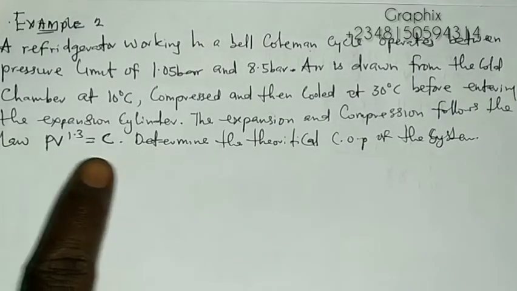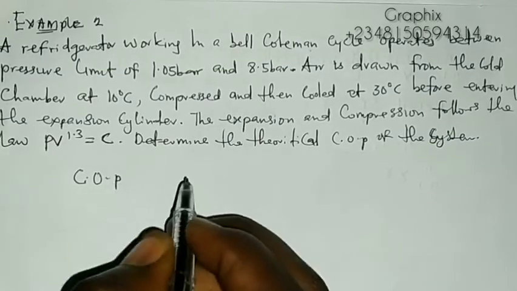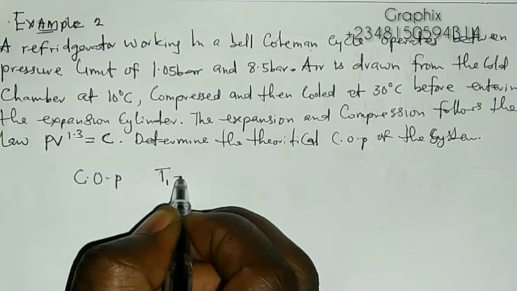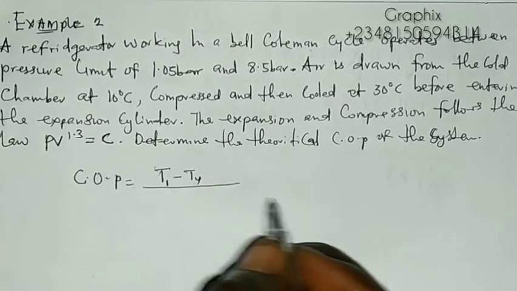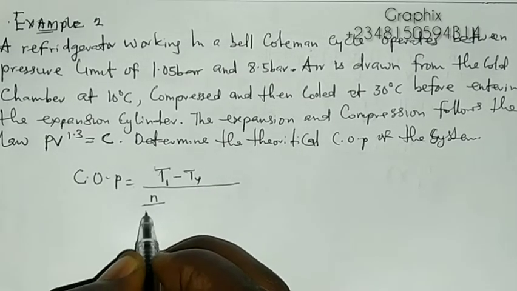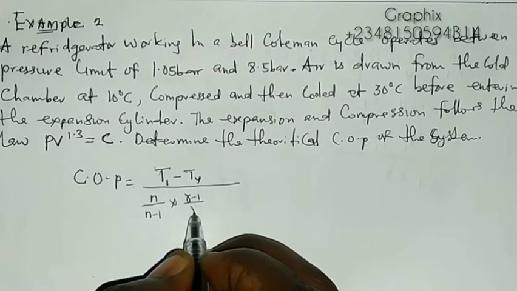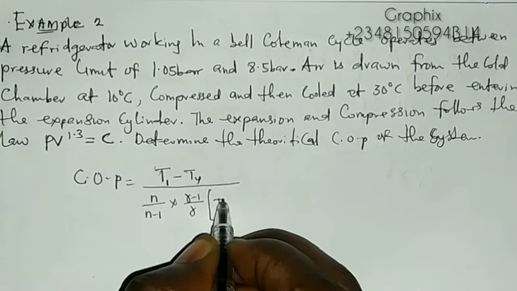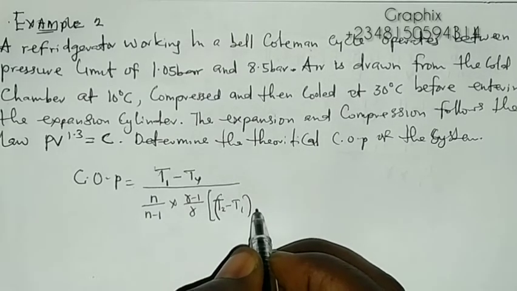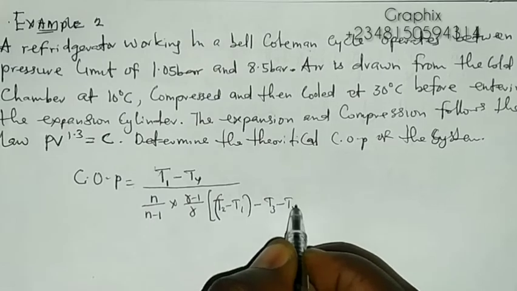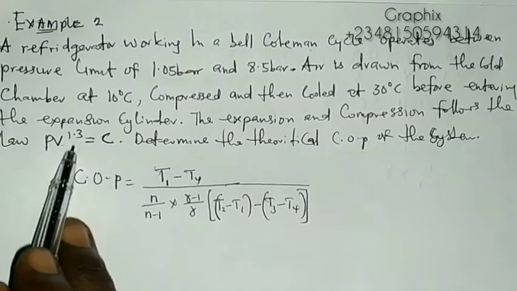Now, since it is following the polytropic process, our COP will be T1 minus T4 all over n minus 1 multiplied by gamma minus 1 over gamma into bracket T2 minus T1 minus T3 minus T4. So this will be the COP we'll be using because it is a polytropic process.